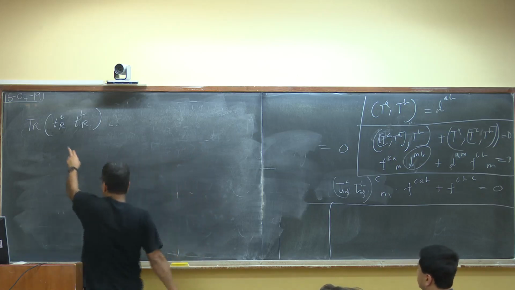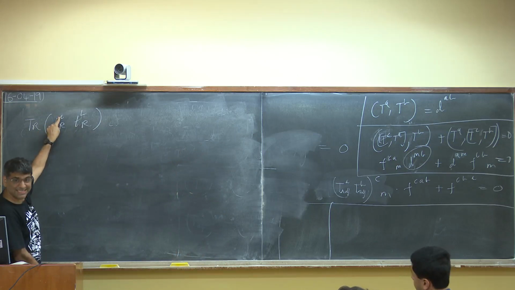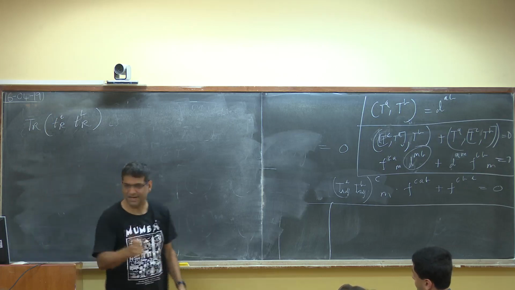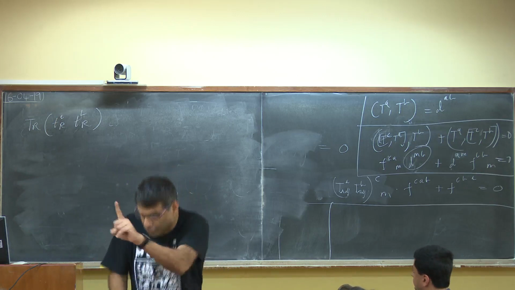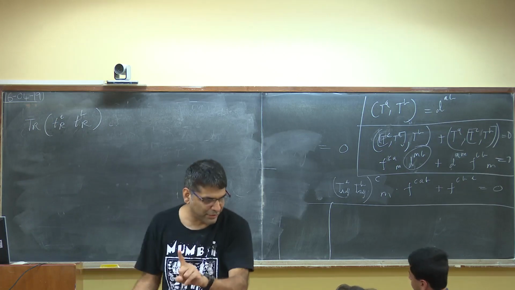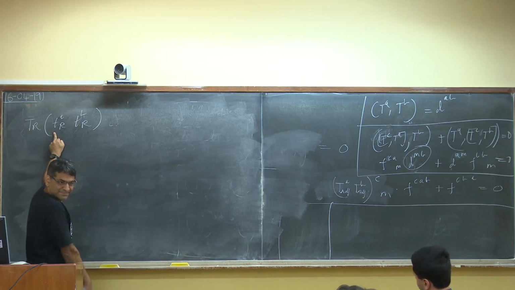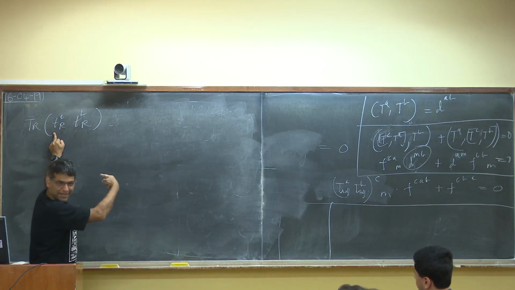So this T is in any representation, but the action on the T is always in the adjoint representation. What we're doing is acting on group elements, which are always acted on by the adjoint. So this will always act by commutators, and using basically the same algebra, we'll see it's invariant.